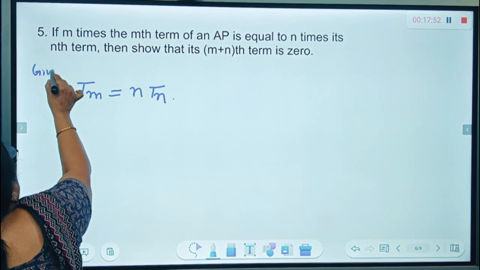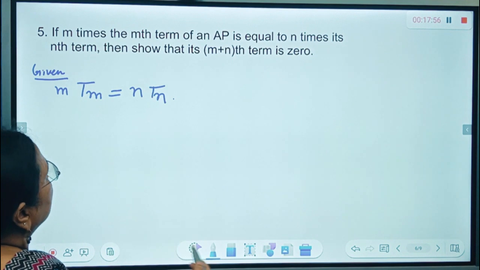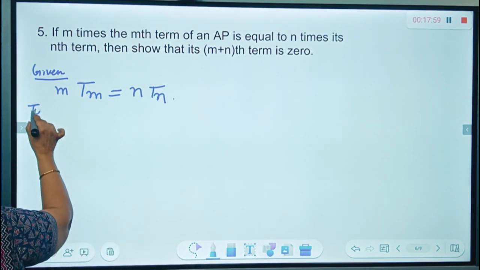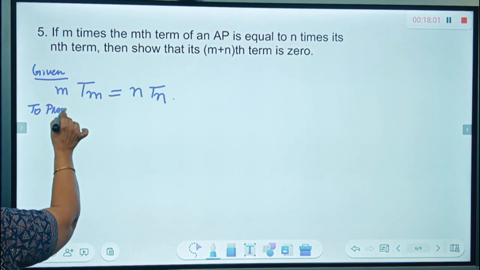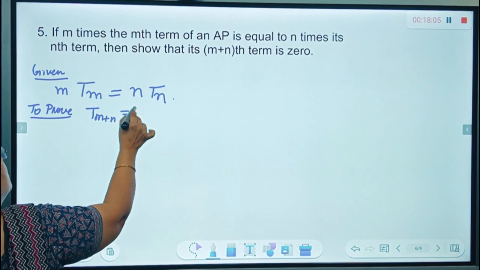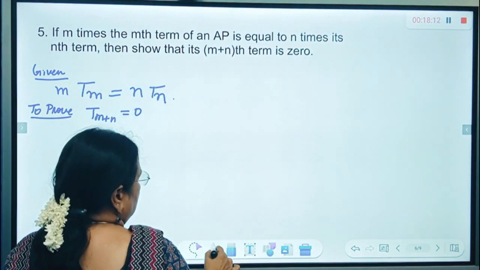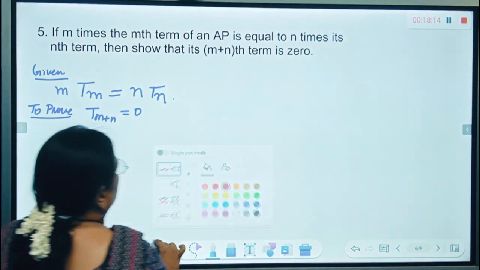m times the mth term is equal to n times the nth term. What is it we need to prove? m plus nth term is 0. So let us see how we can prove that.